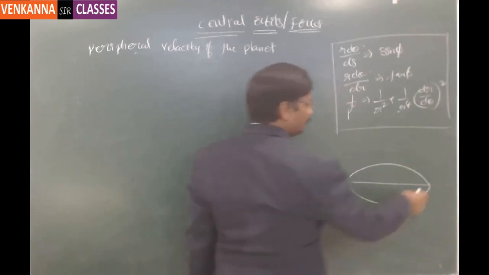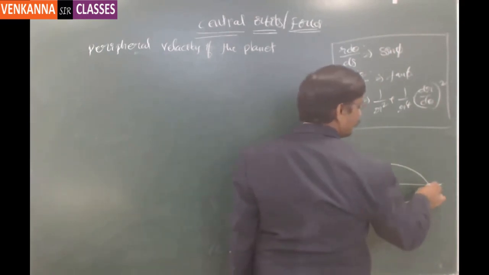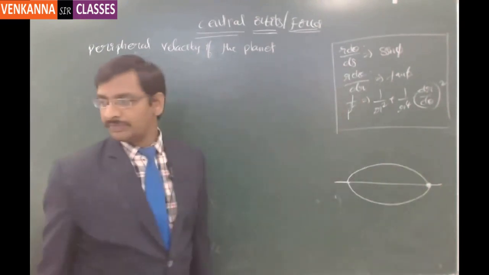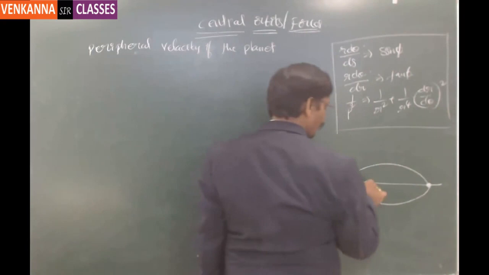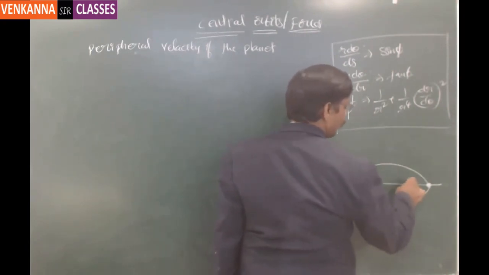Now in the previous classes we have derived that the velocity of the planet has to be dependent on the position vector. Let us say this is one focus where the sun is located, and this is another focus.